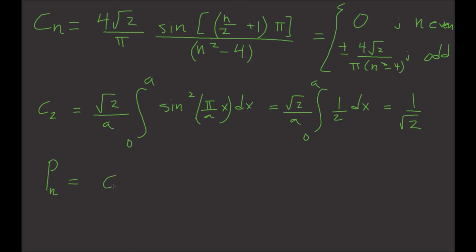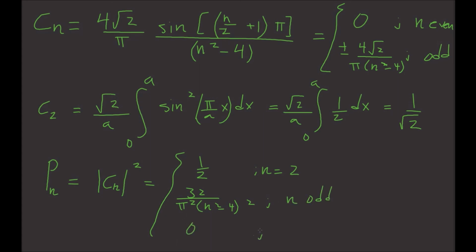So we have the modulus of c sub n squared, which is equal to 1/2 for n equals 2, and 32 divided by pi squared times n squared minus 4 squared if n is odd, and we have 0 if n is even.